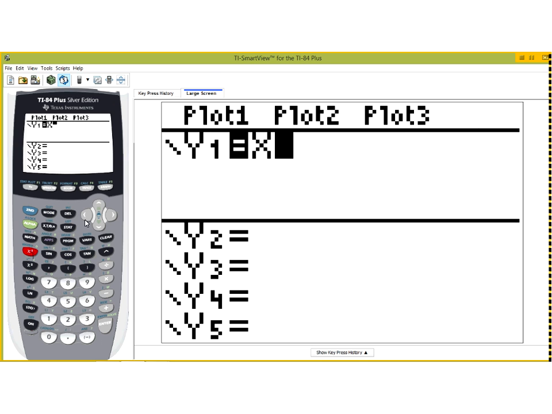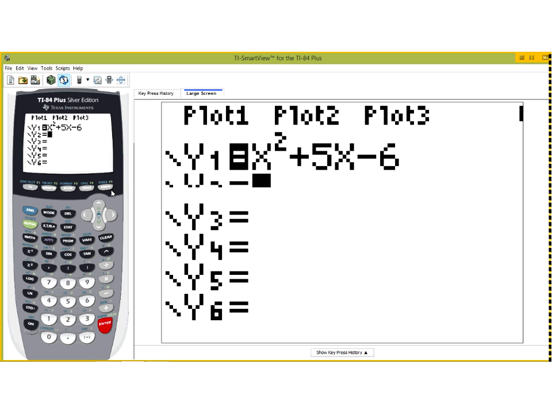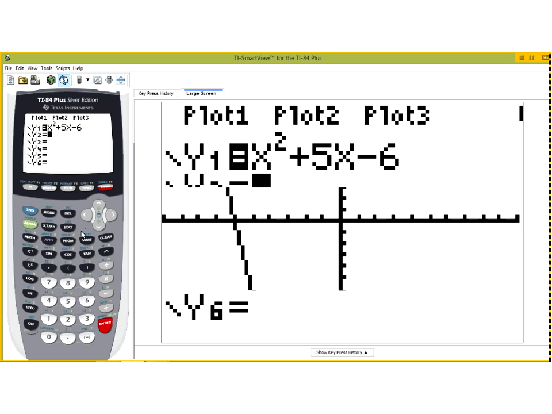So x squared, okay, let's just start over. Okay, x squared plus 5x minus 6. Okay, we graph that.